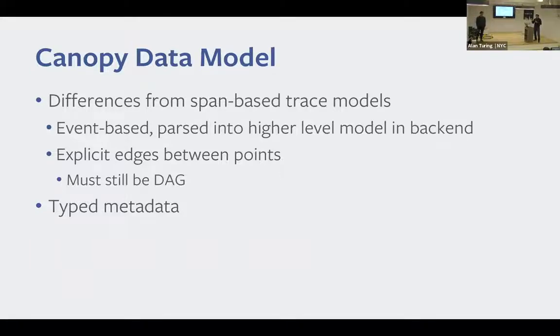We have explicit edges between points in our data, instead of just having a parent-child relationship between spans, and I've got a picture of this later. We also have the ability to annotate anything in the data model and have typed metadata for counters and stuff like that, which is pretty interesting.